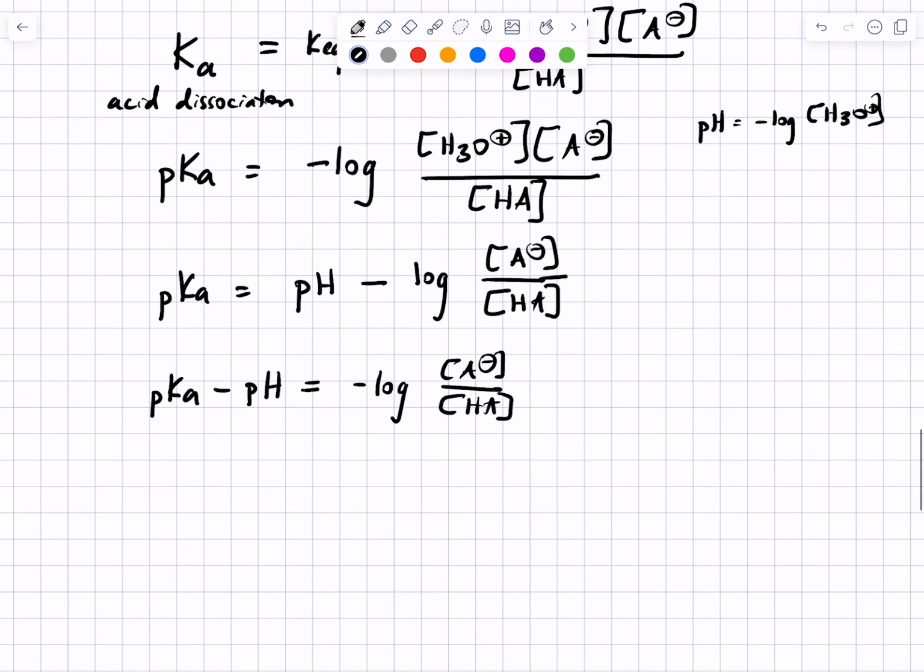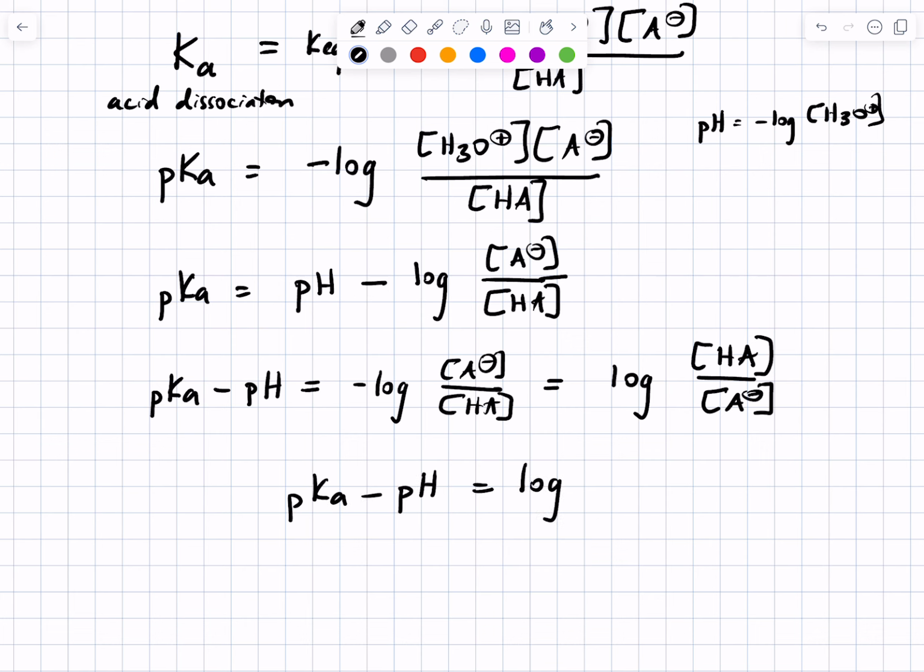And then another property of logarithms is, suppose I don't like the negative sign there, I can just make that equal to the positive log of acid over conjugate base. So that's the form, and I'm not sure totally how it's written in your text. It might have been rearranged in another form that you maybe have seen in other places.